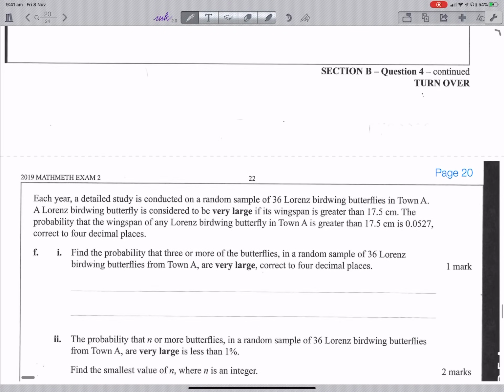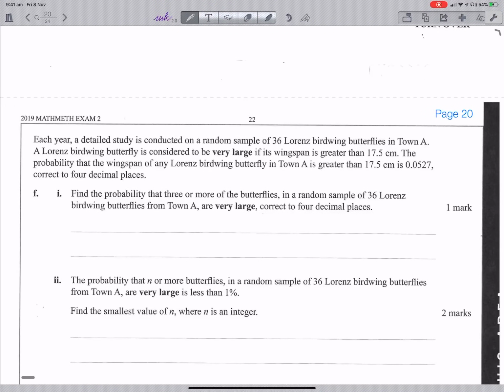Okay, yep. Each year, a detailed study is conducted of a random sample of 36 Lorenz butterflies. A butterfly can be very large if its wingspan is greater than that. Probability a wingspan in town A is greater than that. Find the probability that 3 or more butterflies in town. So this is binomially distributed. We'll call it B for big. Binomial 36, 0.05.